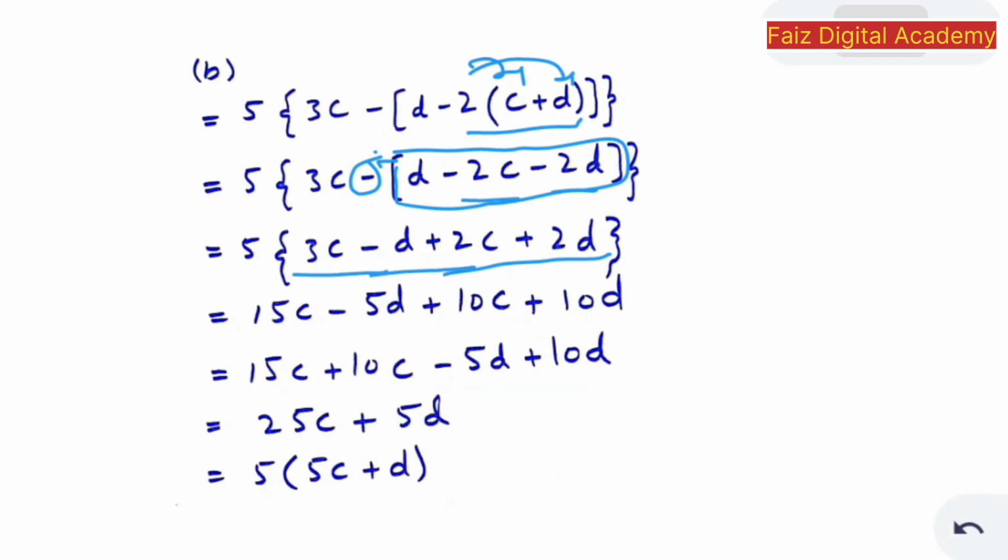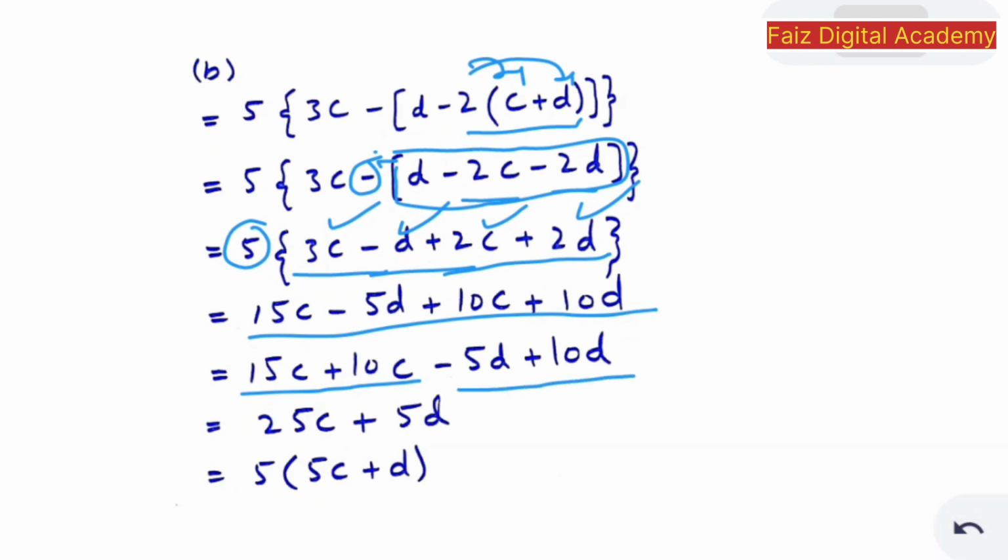Then we have to multiply this 5 with each of the values inside of this bracket, and after multiplying we just group them like 15c and plus 10c and minus 5d and 10d. After grouping we solve them with each other.